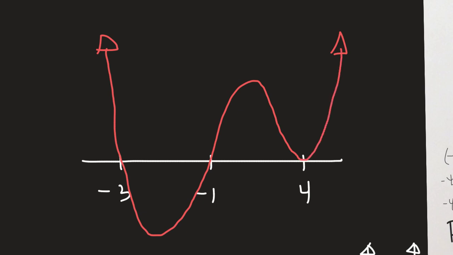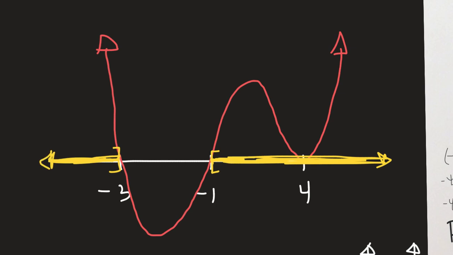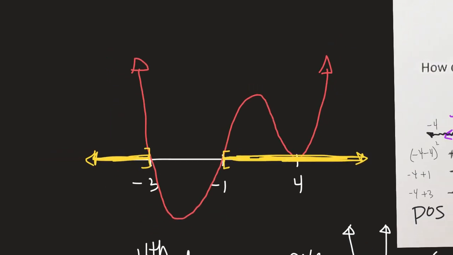So if we're looking for all the places where the graph is above or on the x-axis, we have a whole lot of those places. Everything less than negative 3 and everything between negative 1 and infinity, including positive 4, where the graph is equal to 0. Okay, so the fast way is to do what you know about graphs.